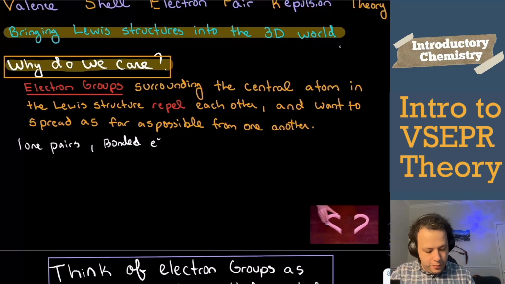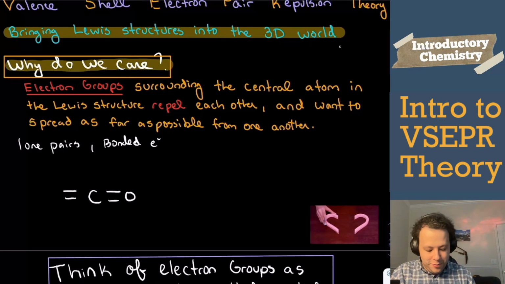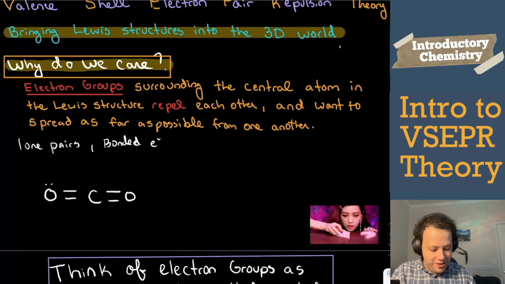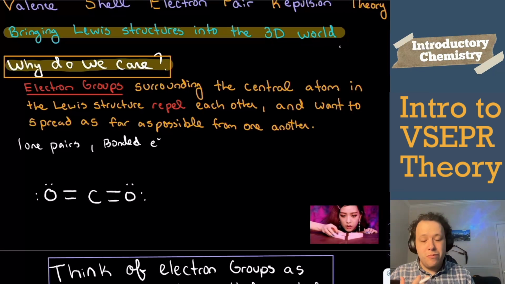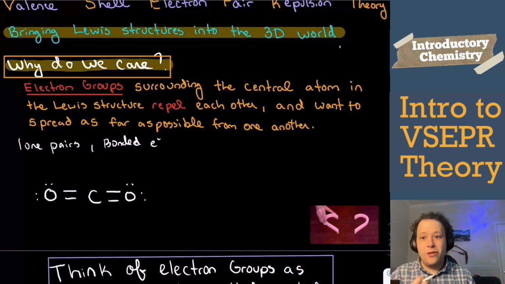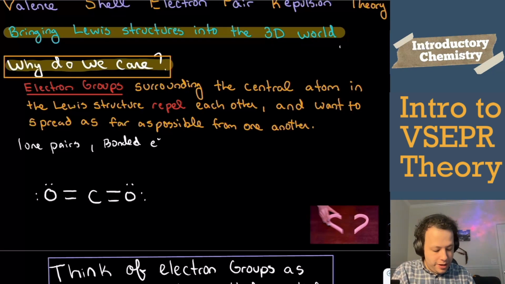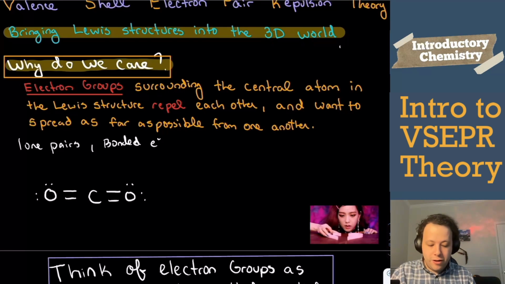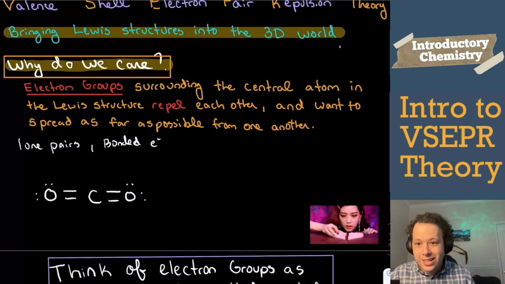All right, let's take our first one, something we're all breathing out all the time: CO2. If I have this particular molecule, how many electron groups do I have? Well, we first see that we have our central atom, which is carbon, and we count how many things are connected to it.